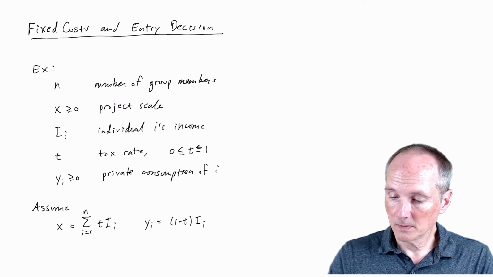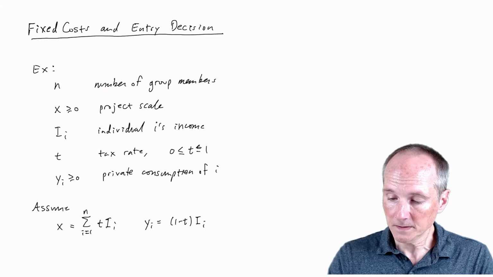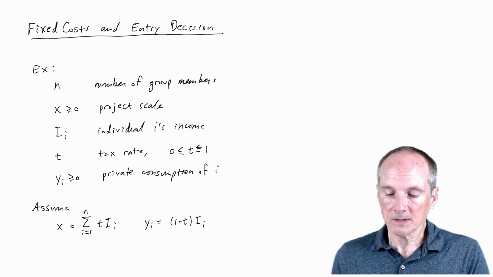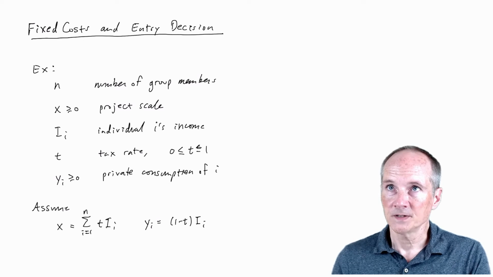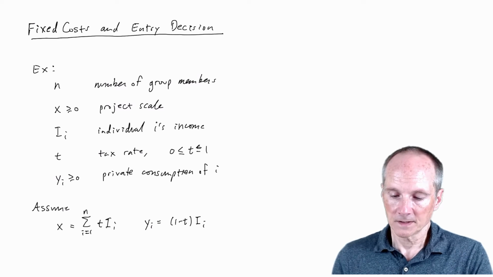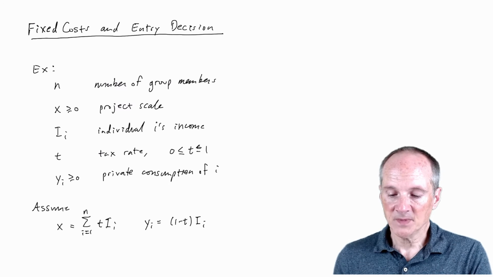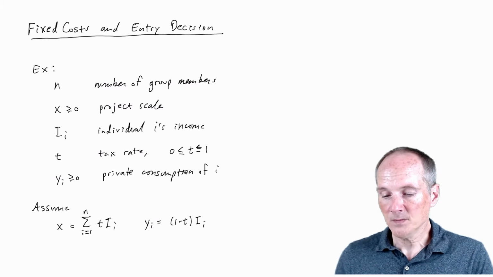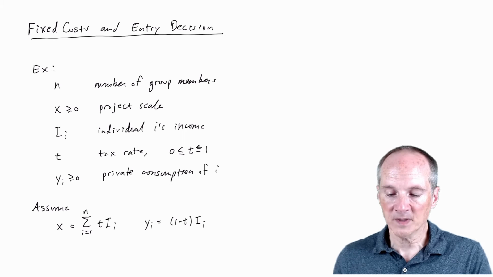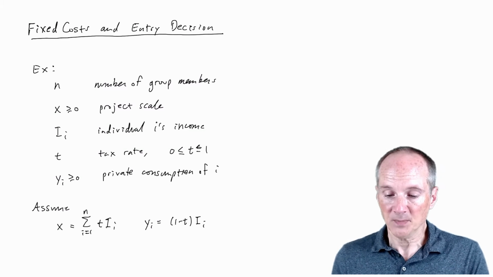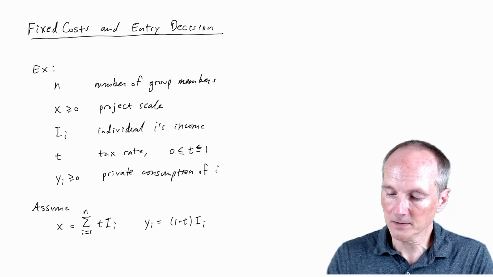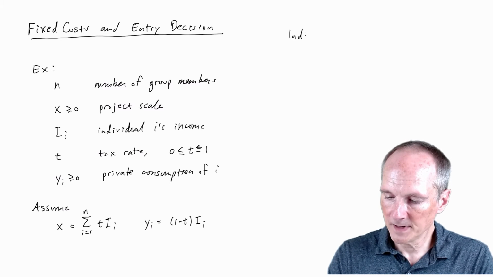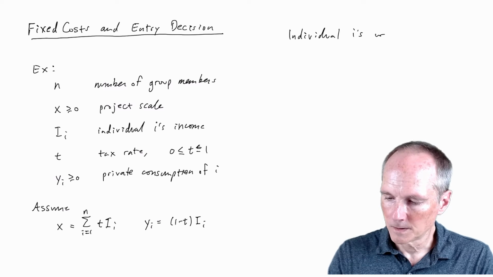Now, what I want to do is think about this social planner or decision maker who is choosing this project scale to maximize the sum of welfare of all the members of this group, and the planner has to have some way of measuring that. The way the planner will measure that is as follows.